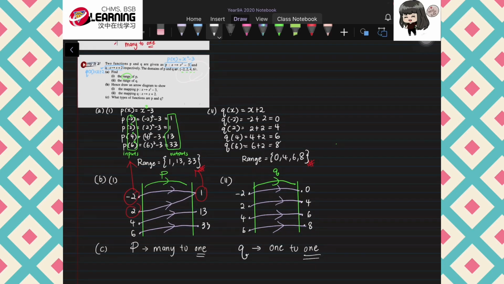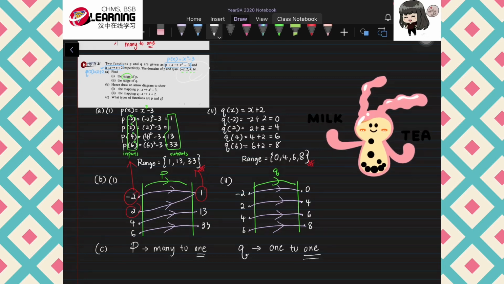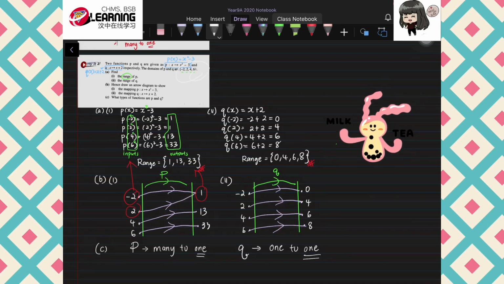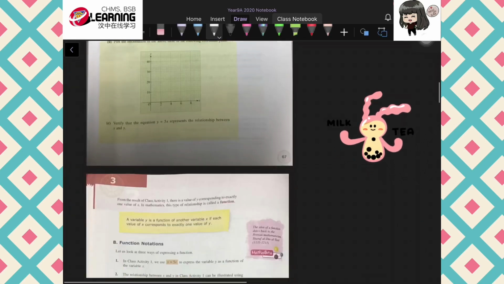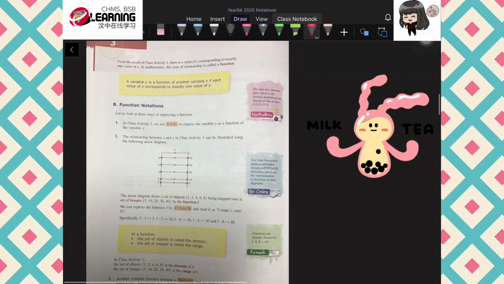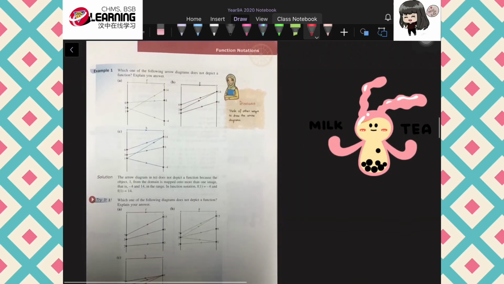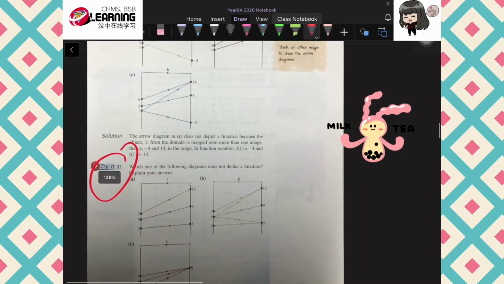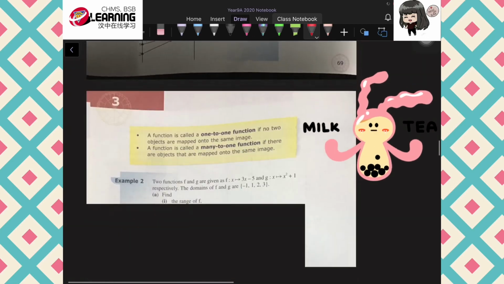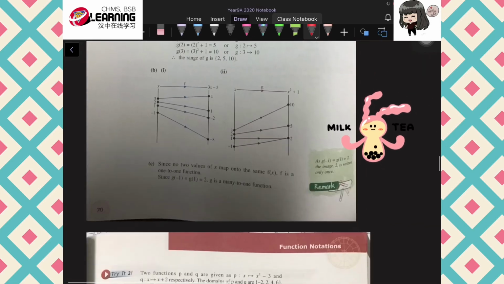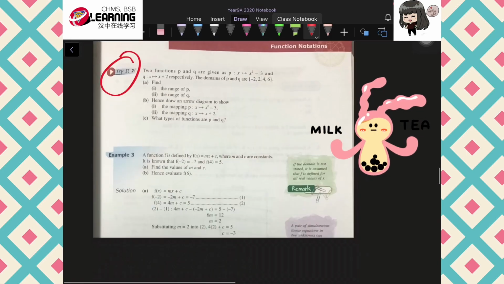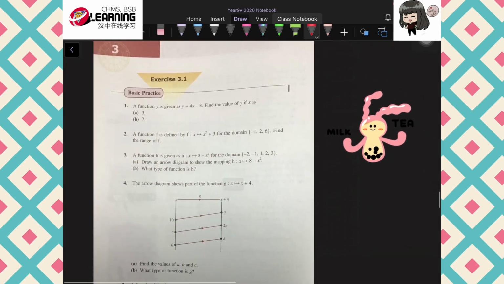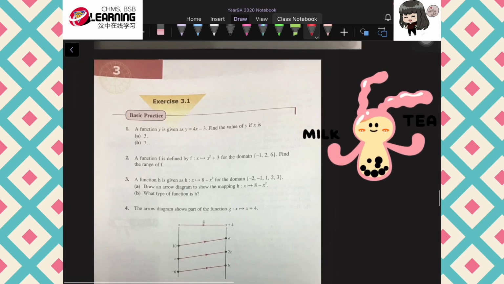That's all for today. I would like you to copy all this into your notebook and also do some questions from the textbook. We have done our try it 1, and we have tried the try it 2. Let's do some exercises as your homework.